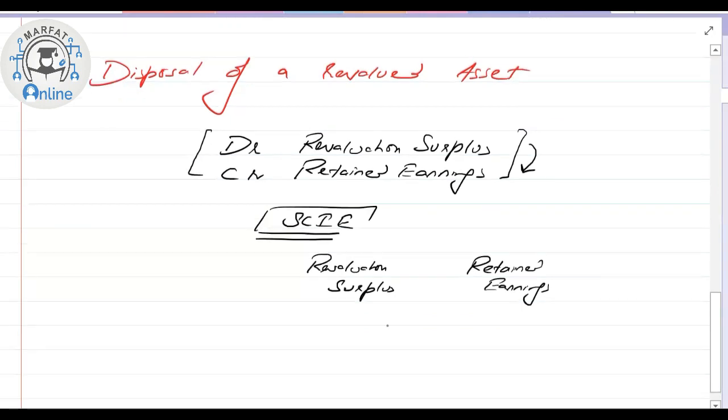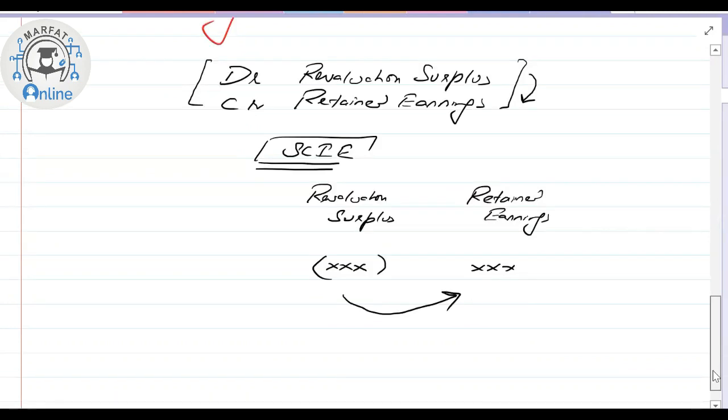So what we're going to do is we deduct the revaluation surplus from here and we record it in the retained earnings. So this is a transfer from the revaluation surplus to the retained earnings when the asset is sold.